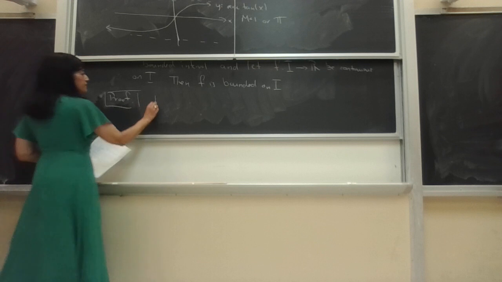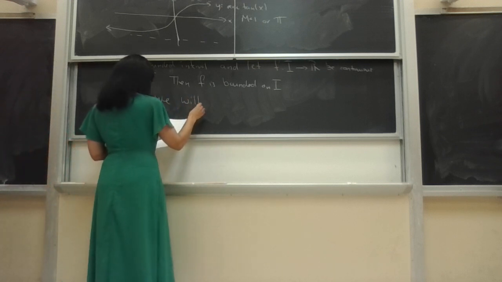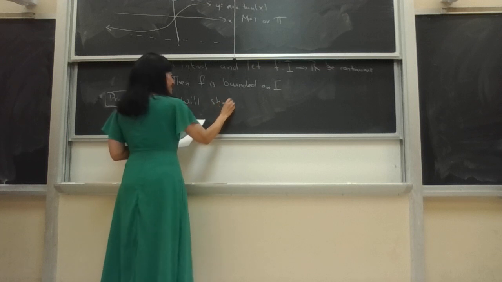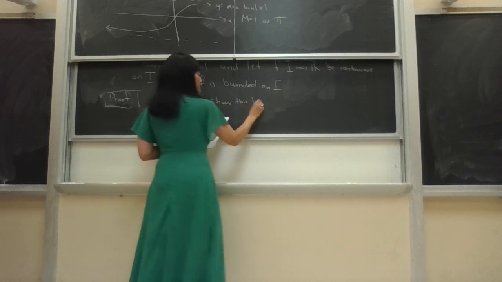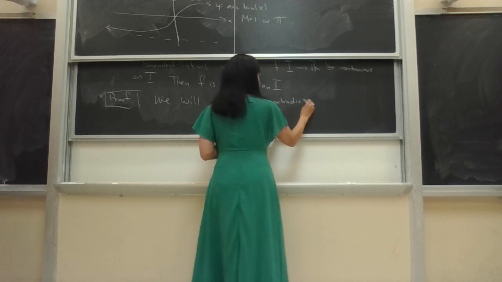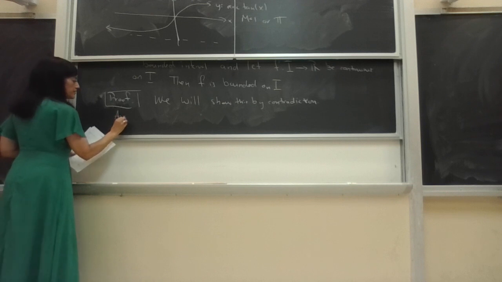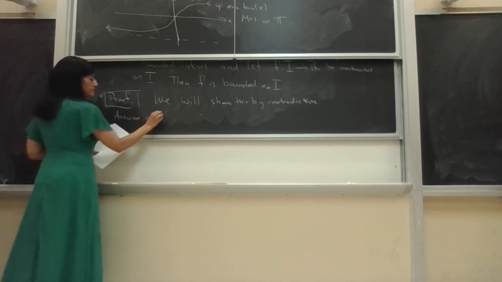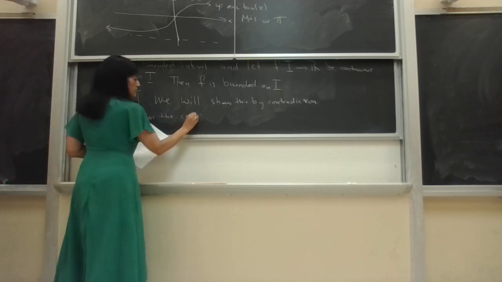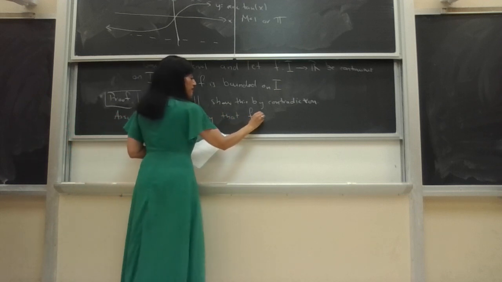All right, so we're going to show this by contradiction. So I'm going to assume on the contrary that F is not bounded.